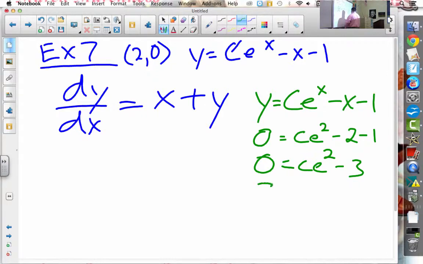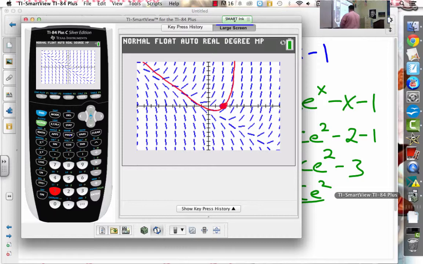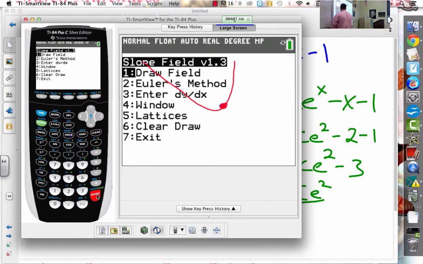Or c is equal to e to the 2 minus 3. Okay? So now I'm going to divide everything by e to the 2, and I get c is equal to 3 divided by e squared. So if I come out of this, oops. Oh, it's not wanting to cooperate today. Oh, I got to quit the program.